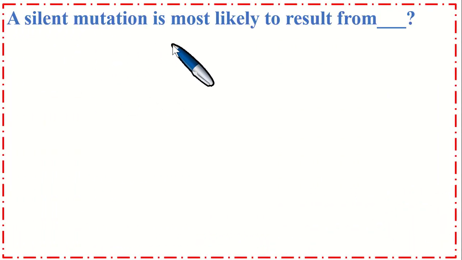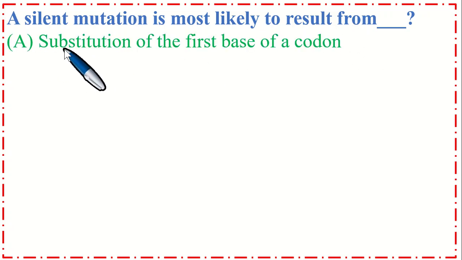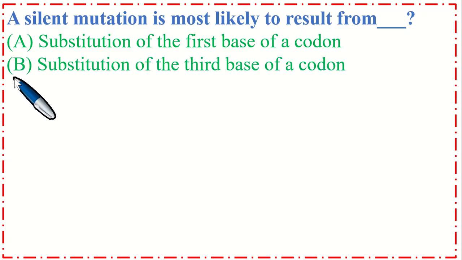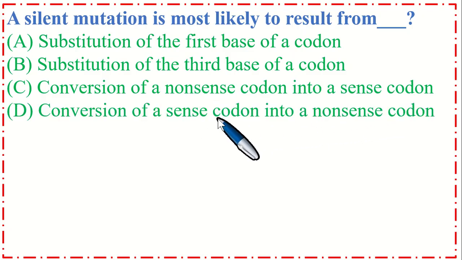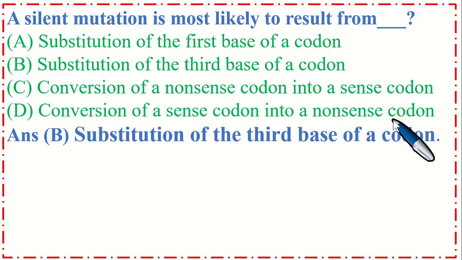A silent mutation is most likely to result from a dash. Option A, substitution of the first base of a codon, B, substitution of the third base of a codon, C, conversion of a nonsense codon into a sense codon, and option D, conversion of a sense codon into a nonsense codon. So the correct option is B, substitution of the third base of a codon.